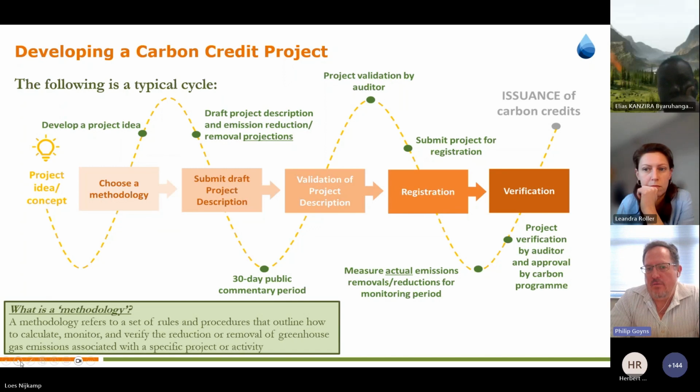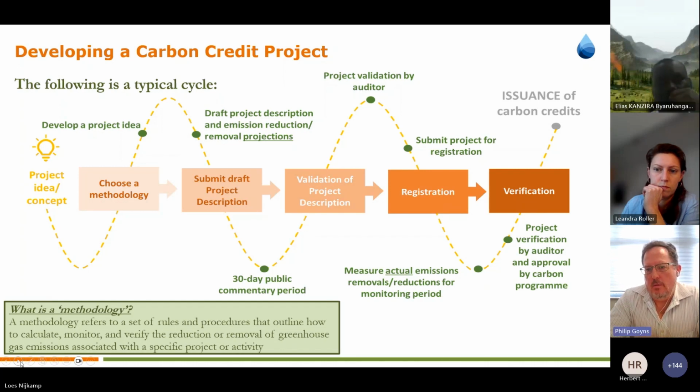There's then a draft project description, which gets submitted to the carbon credit program or standard. That project then, once it's been accepted, would need to be validated by an auditor. There, the auditor checks that the actual project that's built complies with the project description. So you build what you said you would build.